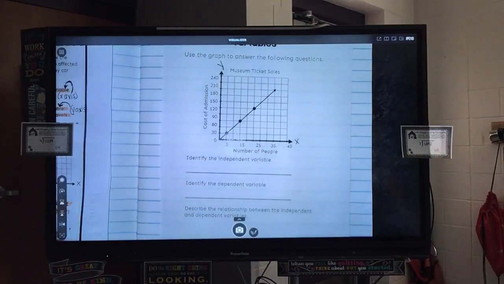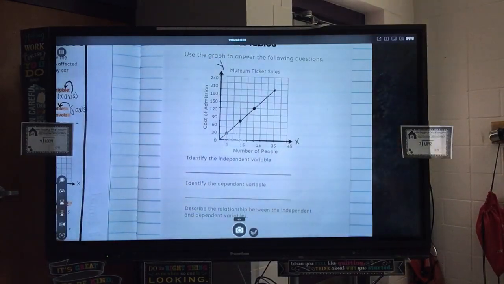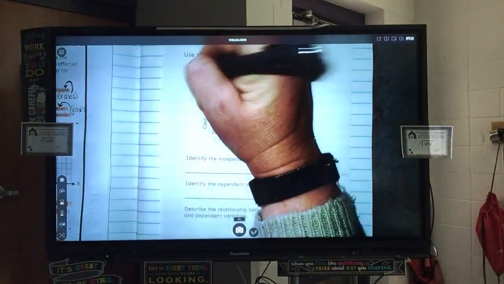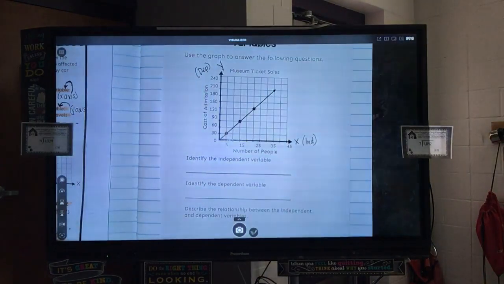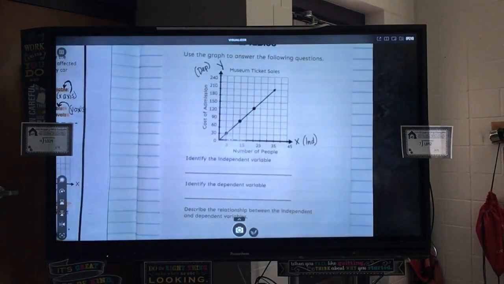Alright, what else do we know about the x and the y? Michaela? The X would be independent and the Y would be dependent. Okay. Is that going to be important? Yes. Okay.